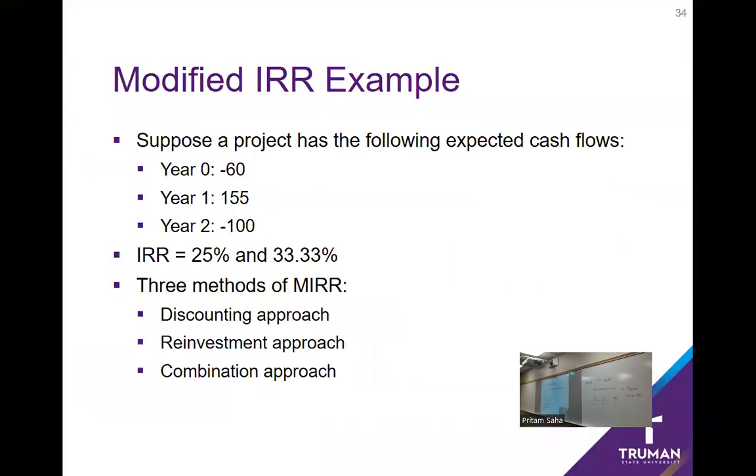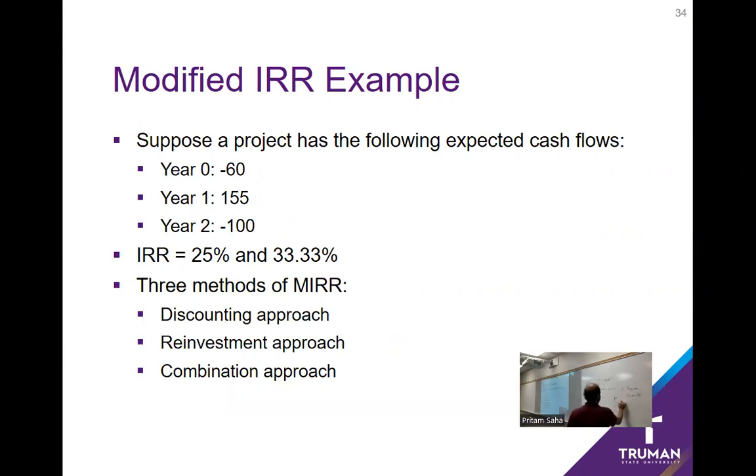So how can we do that? In the reinvestment approach, the tweaking is that cash inflows should be reinvested until the end. So that means this will come here. Calculate the future value.